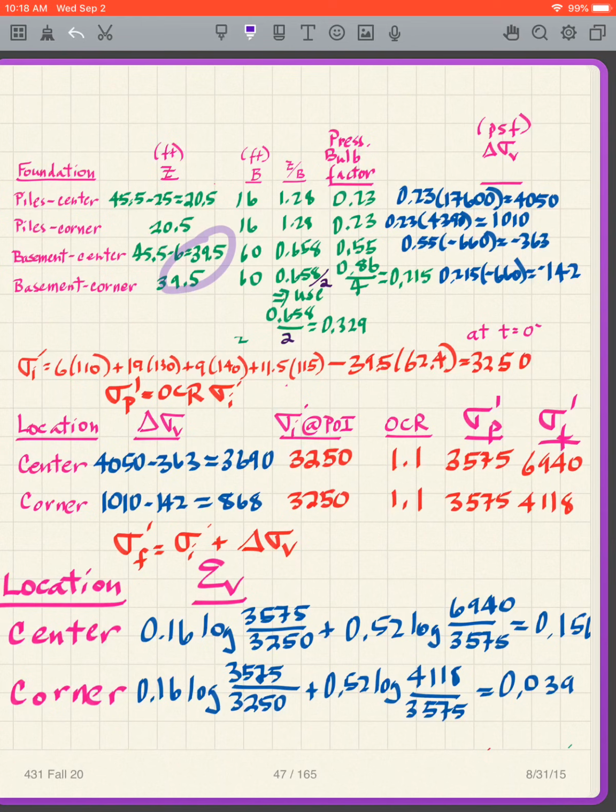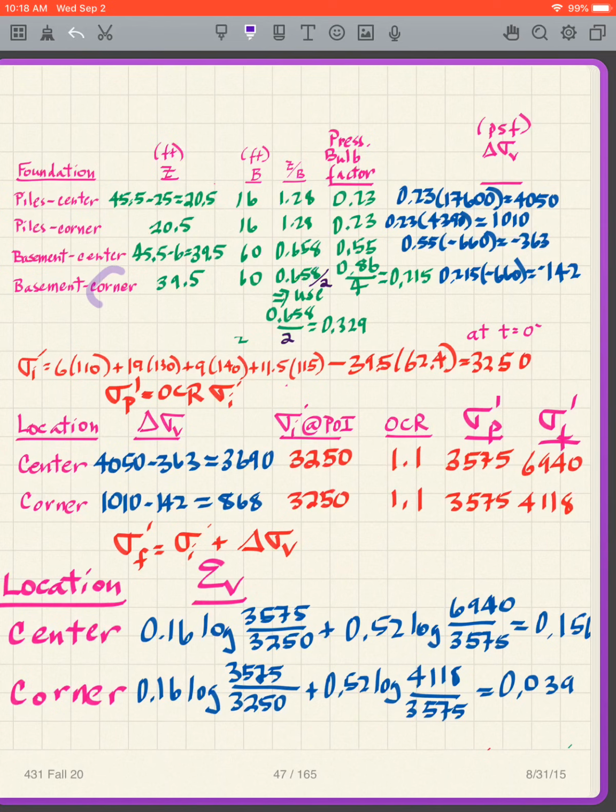So the Z is 39.5 for the basement. Then we use our different B's, 16 feet for the piles, 60 feet for the basement, and we just do Z over B.